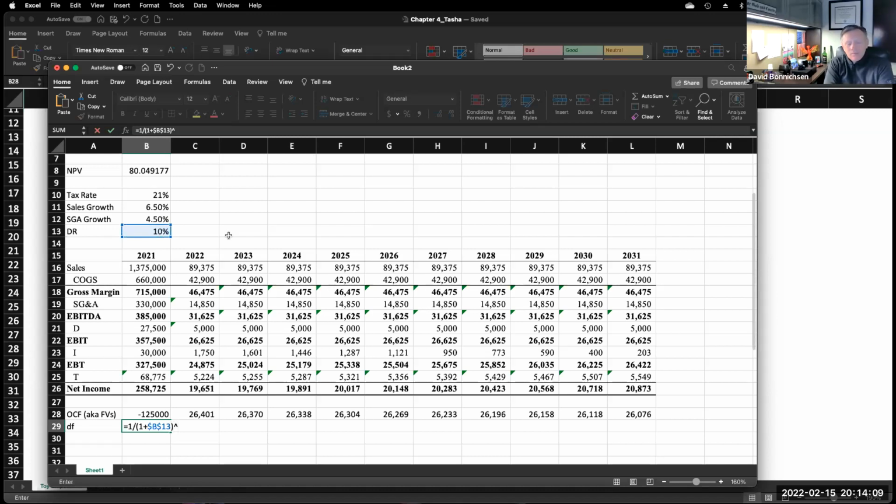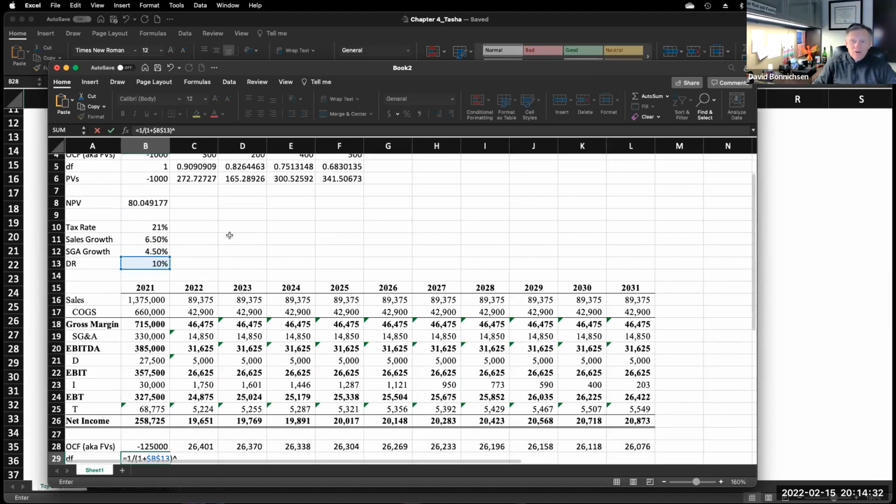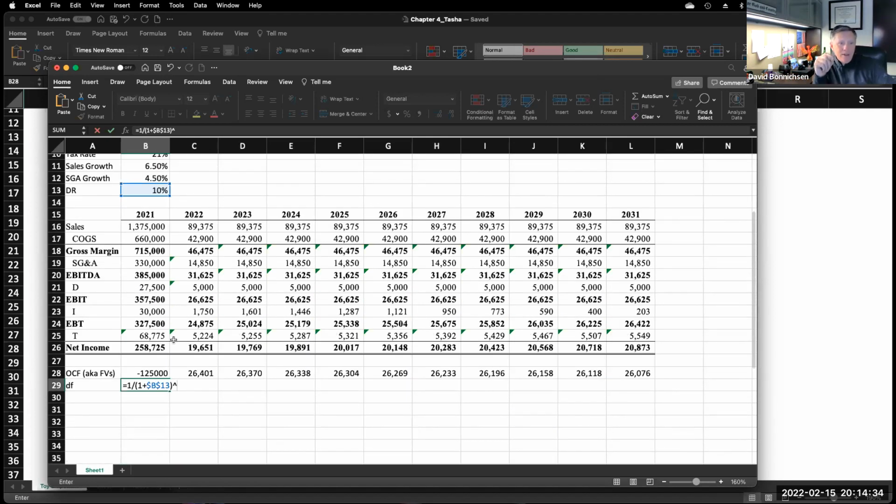Now, with all of the Excel wizardry that I have imparted upon you, how do I create the next part of this equation so that I can use the years to my advantage to get me to the time period that I'm in? Remember, it's not just raised to the exponent of 2021.